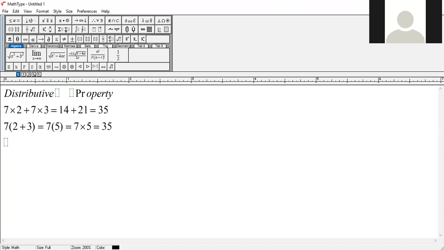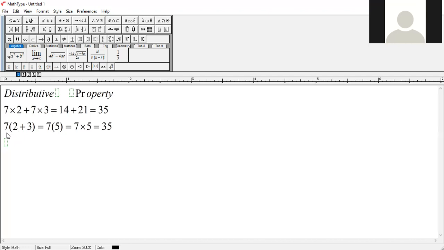So you see, when you look at what we did in the first example, in the first step here, we multiplied 7 by 2, then we later added 7 times 3, and we got 14 for 7 times 2, and later we got 21 for 7 times 3. We added these two and we got 35. Now in the second case, we had 2 and 3 inside the bracket and we had 7 outside the bracket.